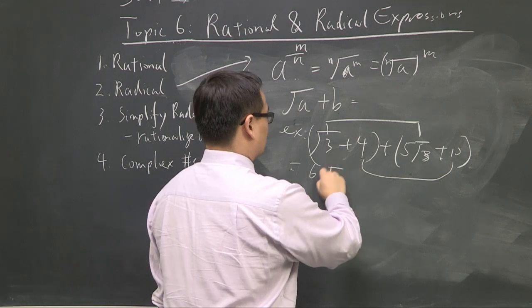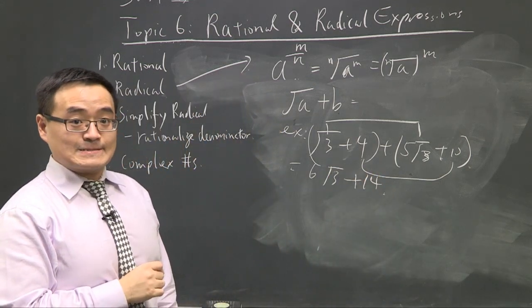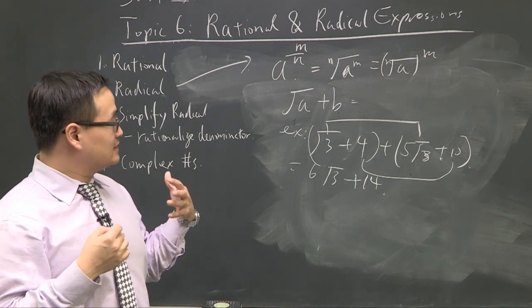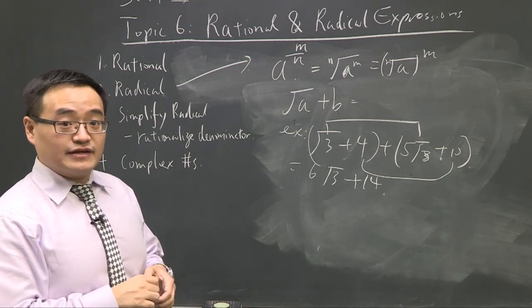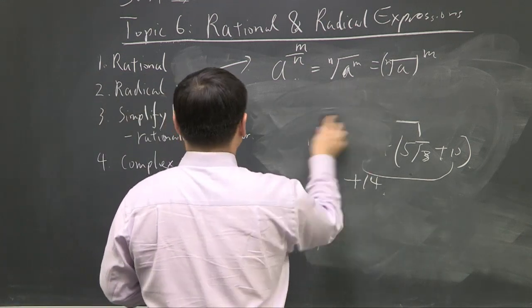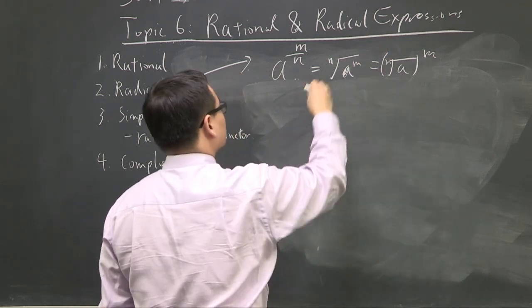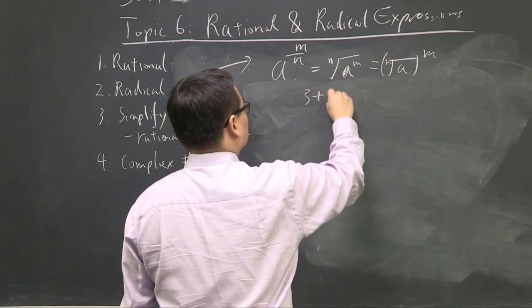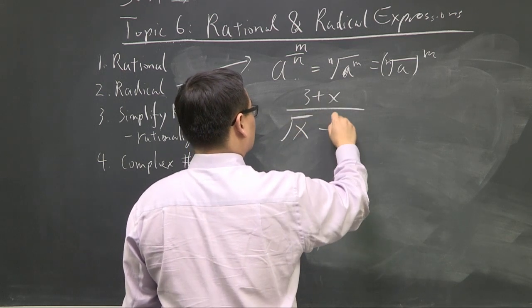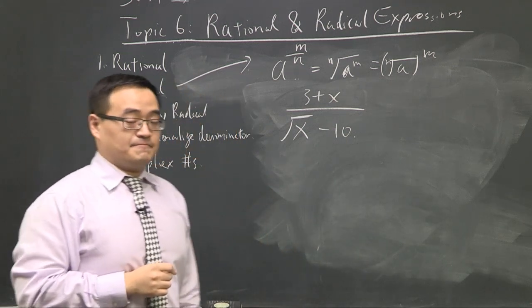I get 6 radical 3 plus 14. Right? So it's not entirely that complicated. Now, what if this guy is your denominator?